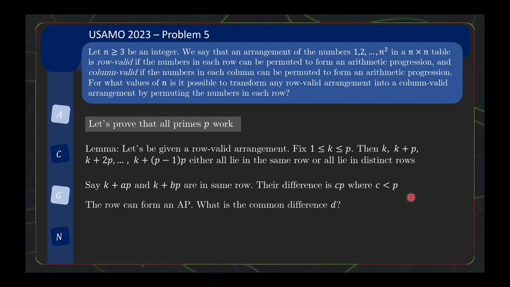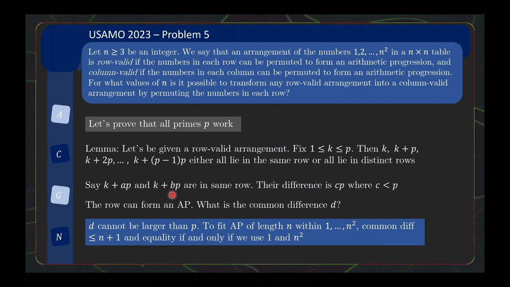Now, for them to be in the same row in this row valid arrangement, the elements in the row form an AP, right? So these two are part of an AP. What is the possible common difference d for this AP? Well, firstly, d cannot be larger than p.